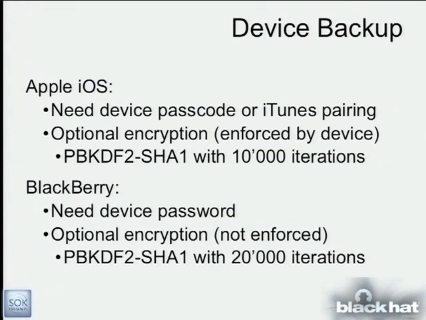Also, there is an optional encryption of the backup, and on the iOS platform it is done in a, well, we think in a proper way, because the encryption is enforced by the device. So once you configure your device to produce encrypted backups, it will always encrypt the backup before sending it to the computer. And to disable this encryption, you will need to specify the original backup password which you have entered.